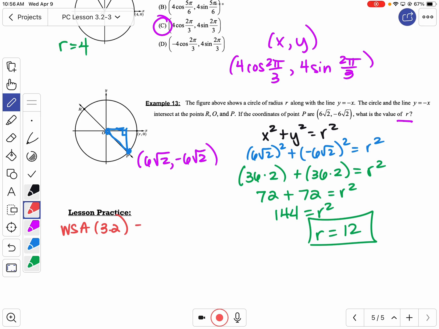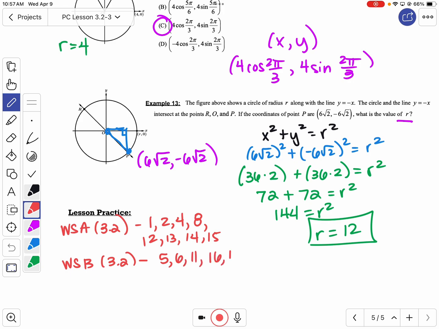On worksheet A for 3.2: 1, 2, 4, 8, 12, 13, 14, and 15. Just tried to give you a good variety of all the things. On worksheet B for 3.2, we're going to do 5, 6, 11, 16, 19, and 20.